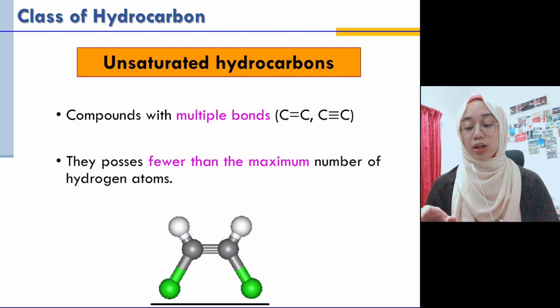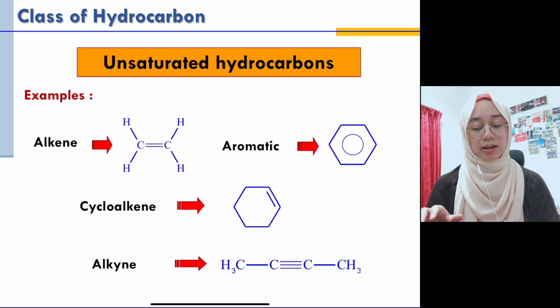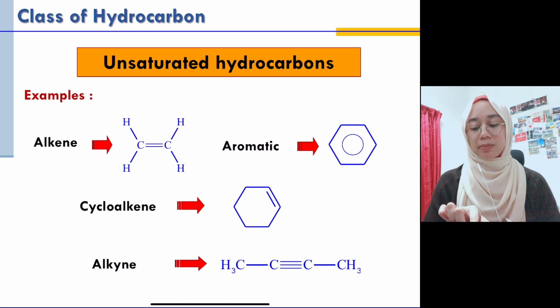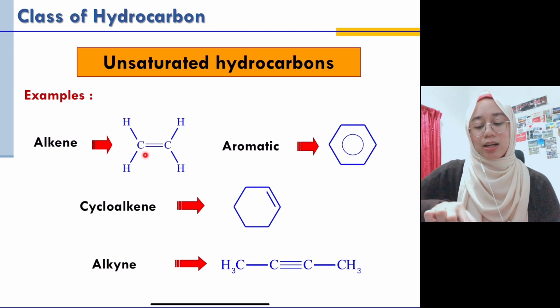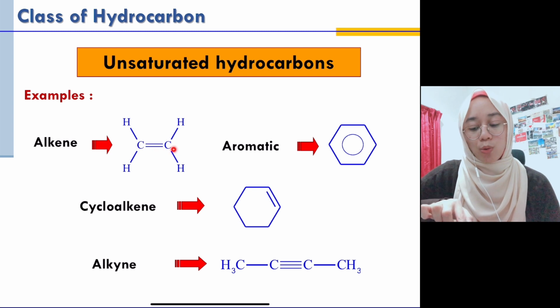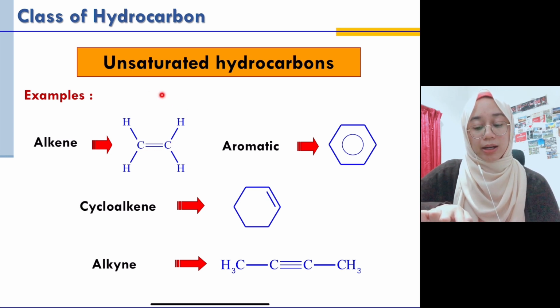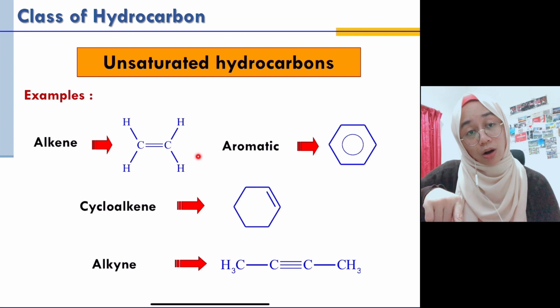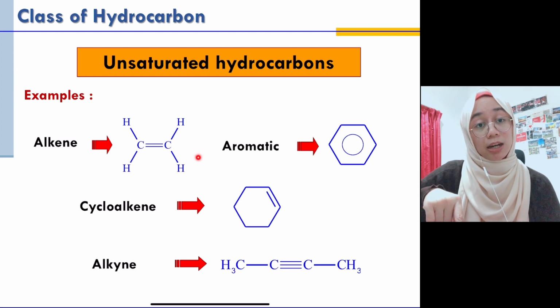Okay, so kalau kita tengok, kalau tadi kita ada ethane. Ethane meaning ada 2 carbon kan. So kat sini Miss bagi ethene pula, ethene. Okay, so ethene pula as you can see ada 2 carbon juga. Okay, ada double bond between the carbon and carbon. But as you can see, the number of hydrogen yang ethene ada is only 4 compared to 6 yang kita ada dalam ethane tu tadi.